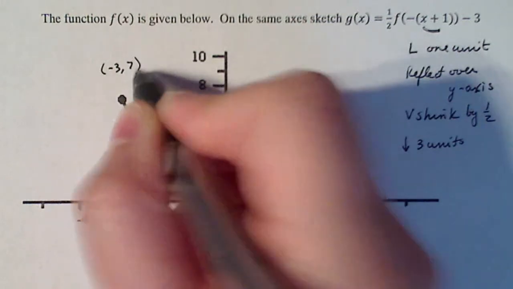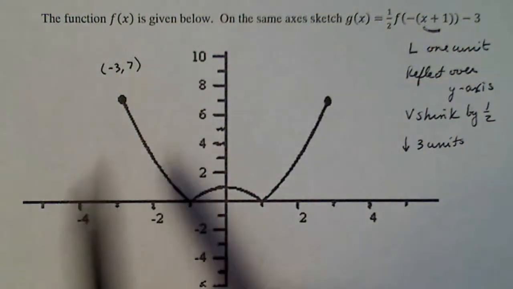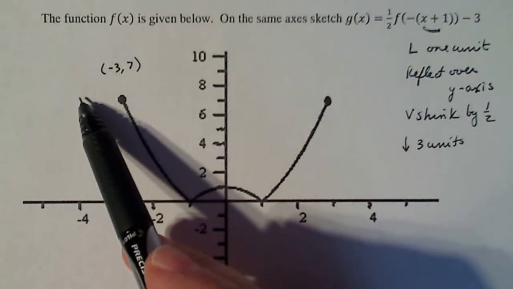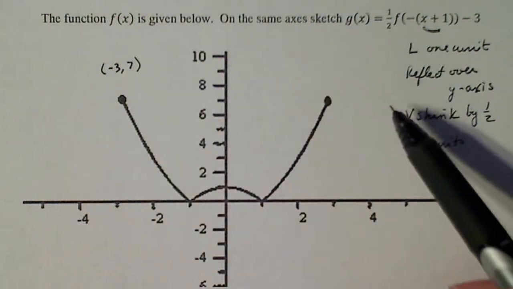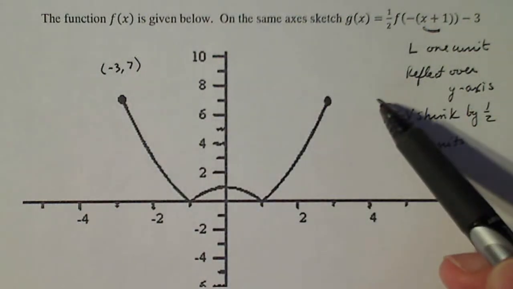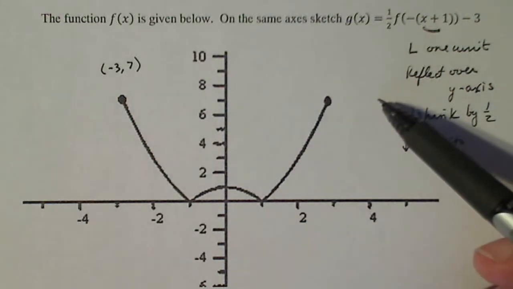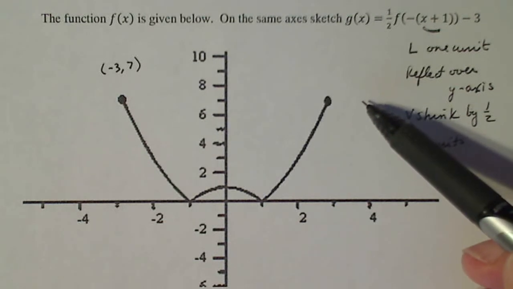-3, 7 approximately. So this point has to move over to the left 1 unit, which is now -4, 7. I reflect it over the y-axis, which puts it at +4, 7. And then I have to shrink the output vertically by 1/2. So 7 divided by 2 is 3.5.